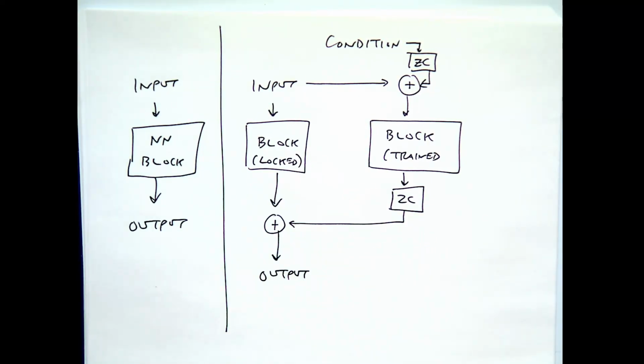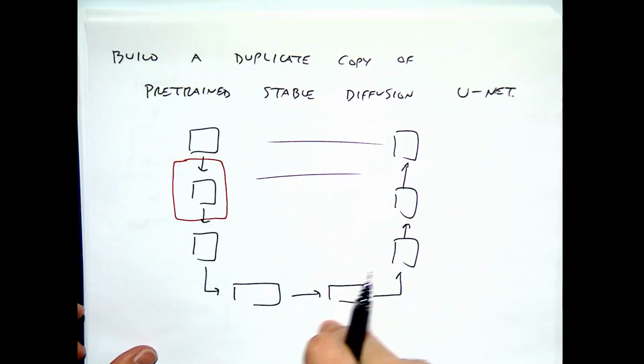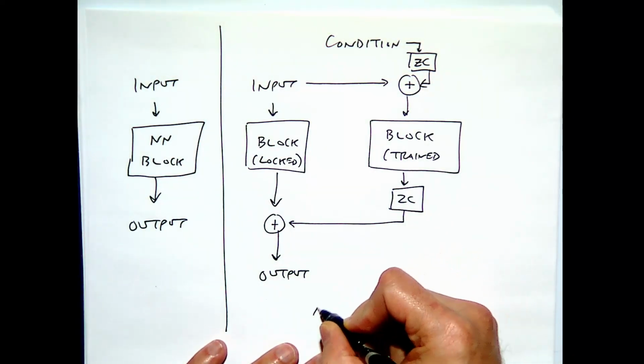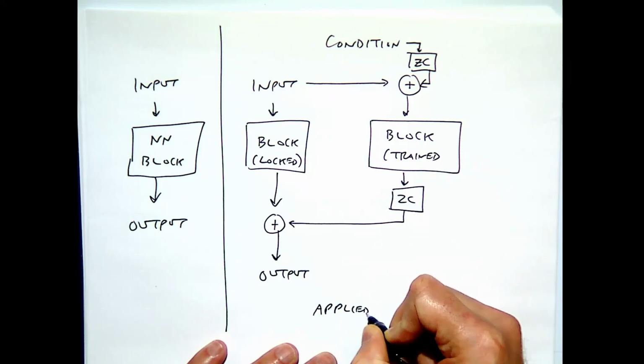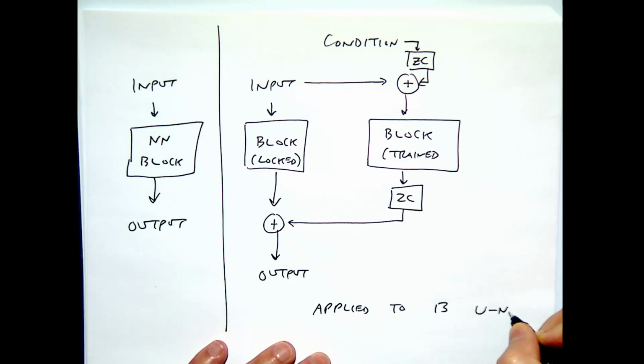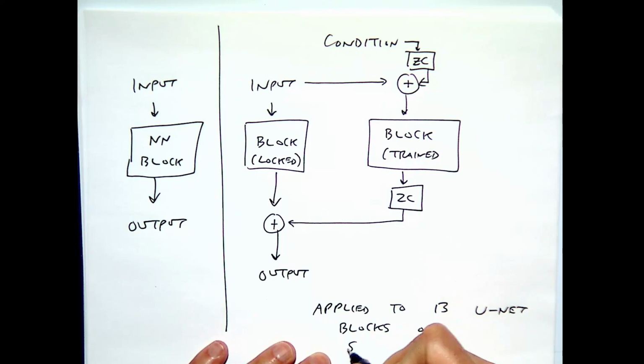So every block in the latent diffusion UNet now has this little side channel where the conditioning is coming in, okay? And they applied this to 13 of the stable diffusion blocks. So basically, they applied it to many things along the ladder, and I think they apply it to a couple of the things at the bottom, right? Applied to 13 of the UNet blocks of stable diffusion.